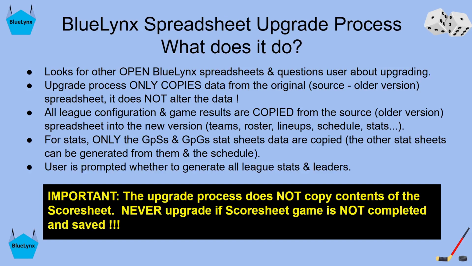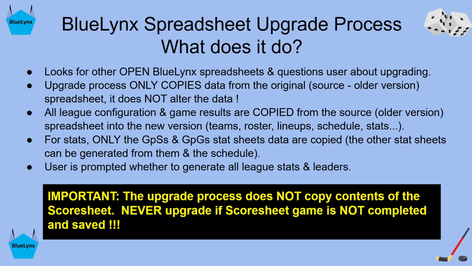But wait, there's one thing I forgot to mention before we do the demo, and that's this thing at the bottom: during the upgrade process, it does not copy the contents of the score sheet. It says here, never upgrade if you have a game on your score sheet that is not complete or not saved, because nothing on the score sheet as far as game stats goes will be copied.